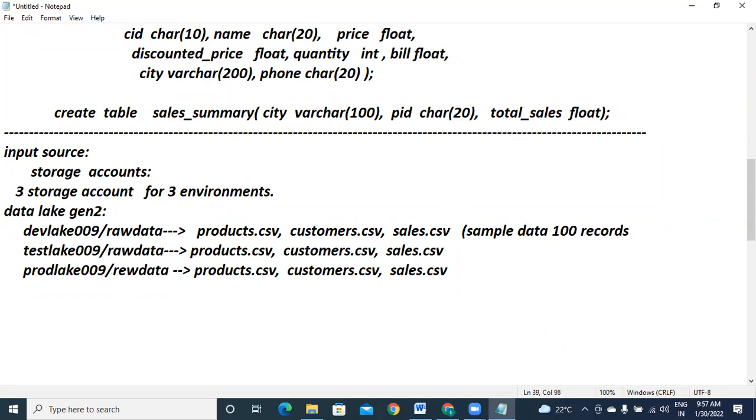Let's say 100 records of each. Here some big sample, maybe 1000 records at each file, especially in the sales file. Here, real data. This is real customers data, real products data, real transactions data.